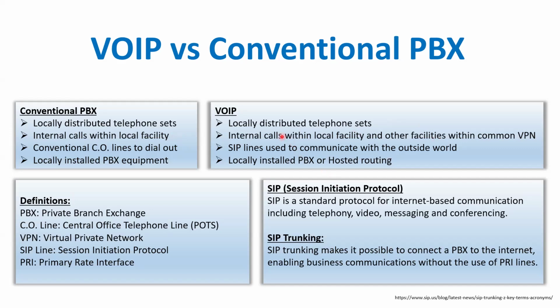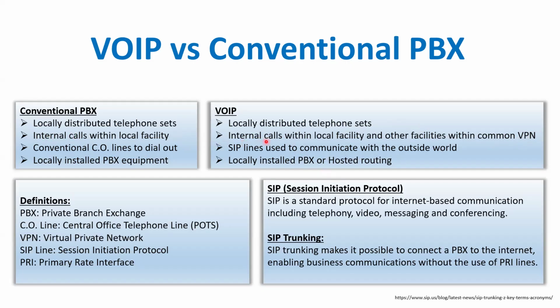Here, all the telephone sets are connected to the network, and if the network logs in to a VPN, a virtual private network, and all those plants, including the one in China, belong to the same VPN, then all the calls within the VPN are treated as internal calls.